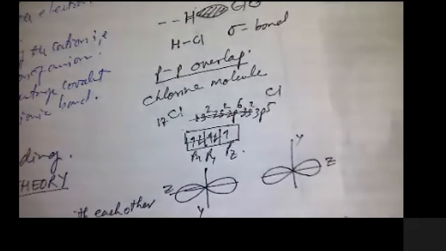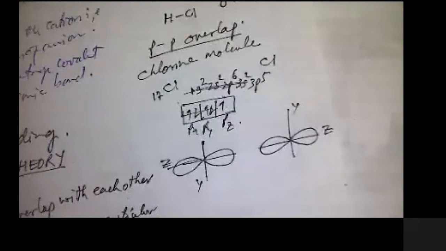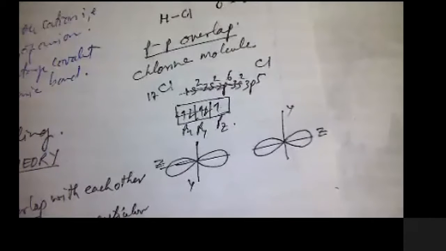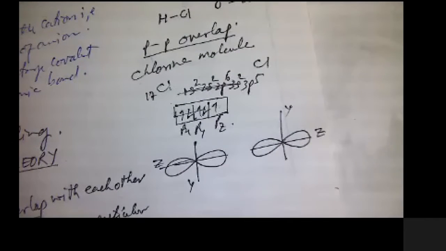Px and py are completely filled up, so we don't have to worry about those two. Isn't it? So if I take this, what will happen? Again, this has two lobes, this also has two lobes. So both the lobes won't be used. I have told you, whenever they are overlapping, only one of the lobes is used. So that lobe, what will it be? Either it can be this or any one of them.